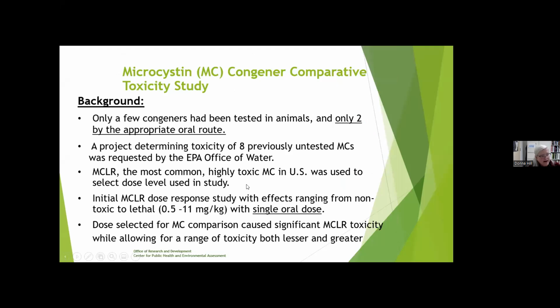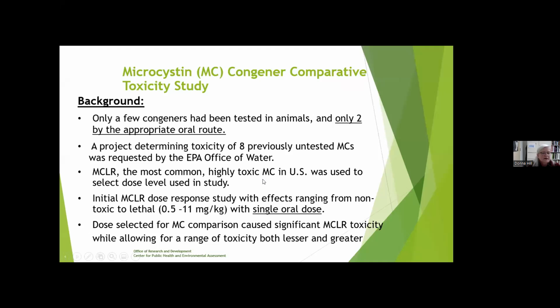We looked at what had been found at the time in the US and is most common. So when we started our evaluation of microcystins, very few had been tested in animals. Only 2 had been tested by the oral route, and I think that was LR and RR. And so we ended up comparing 10 of the microcystin congeners.